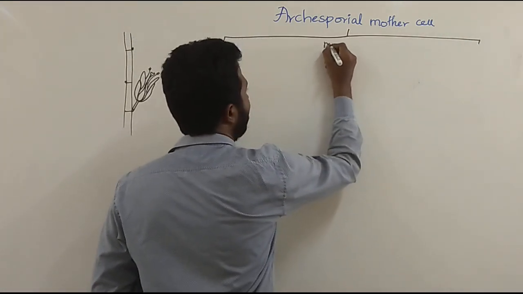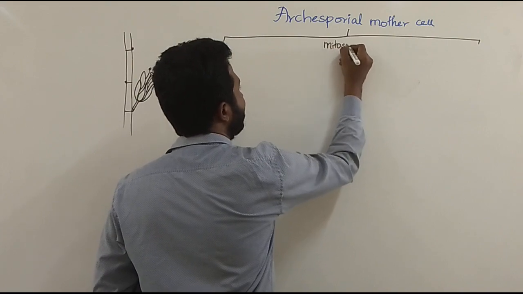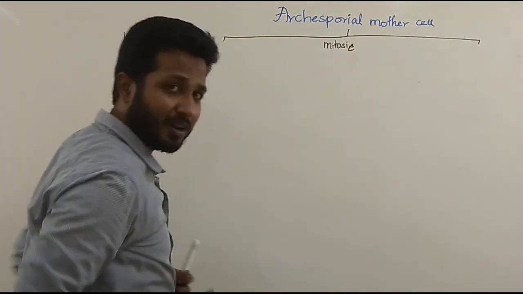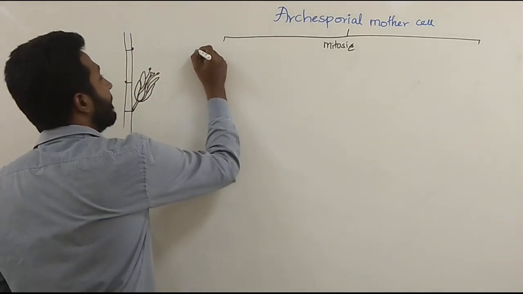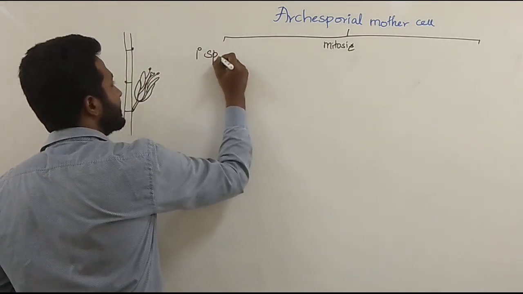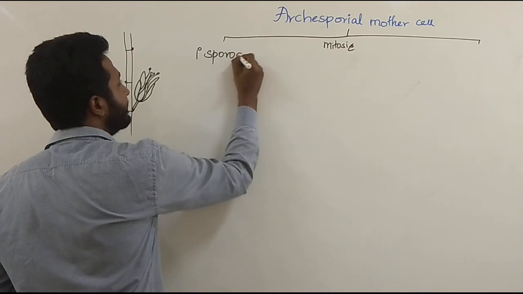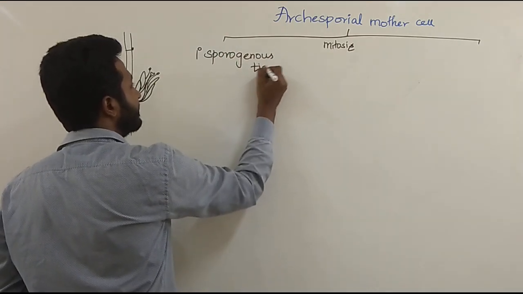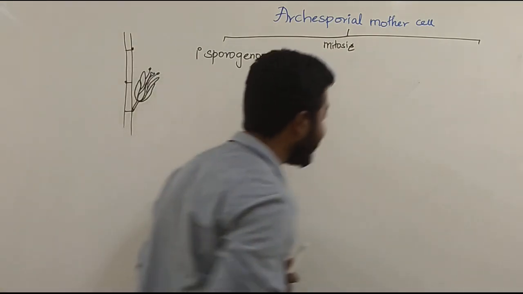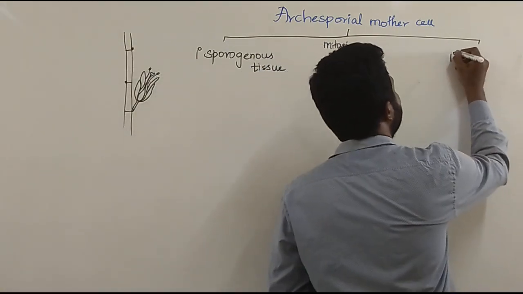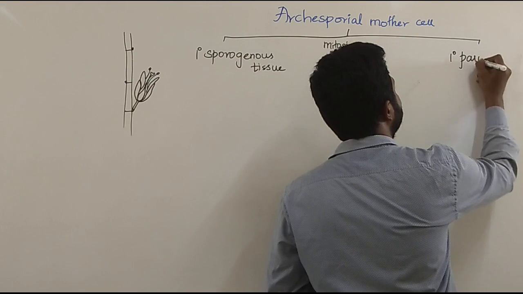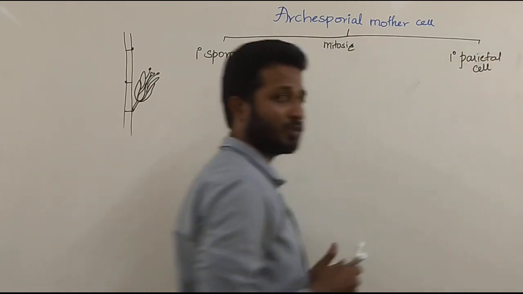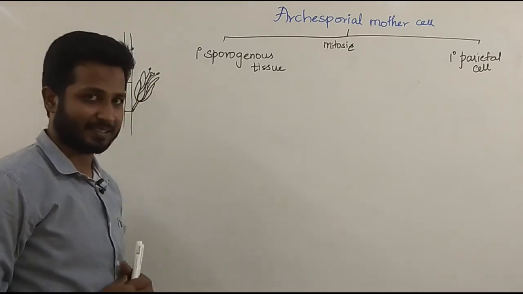So through mitosis, that is equational cell division, the archisporial mother cell will form primary sporogenous tissue and on the other side we see the primary parietal cell.